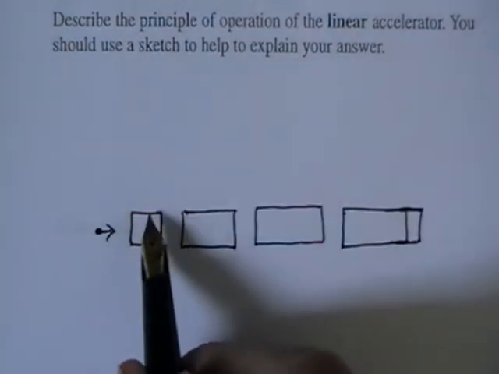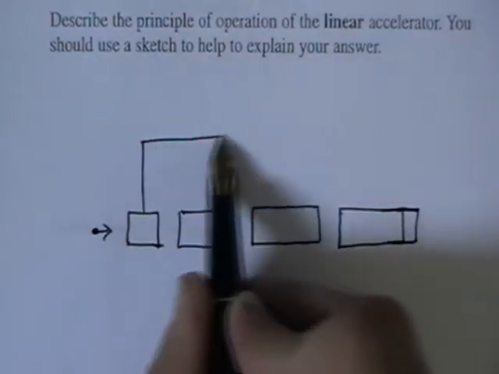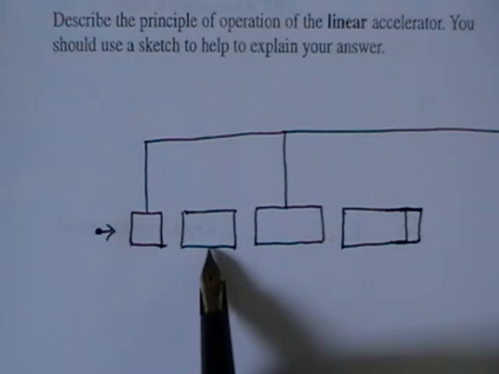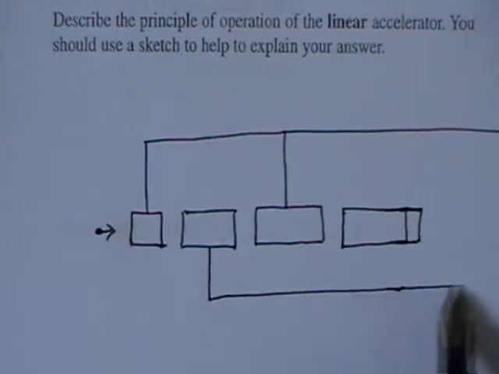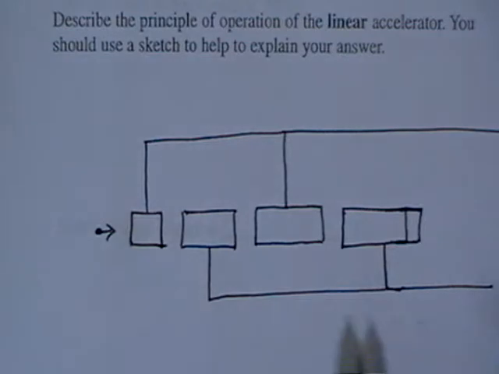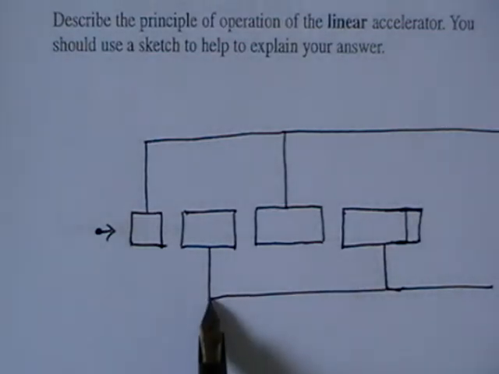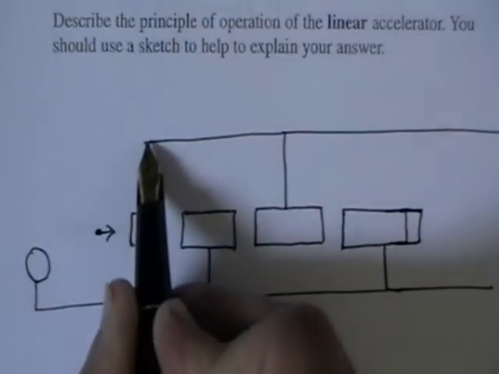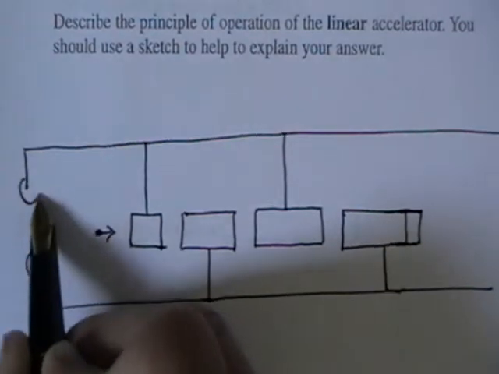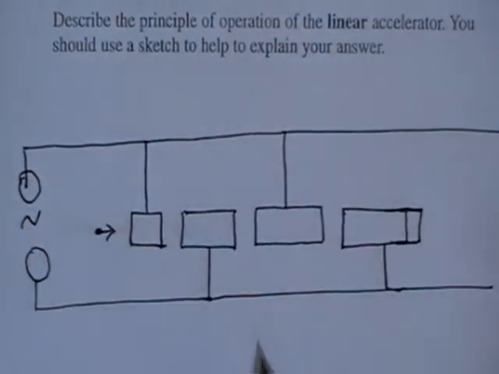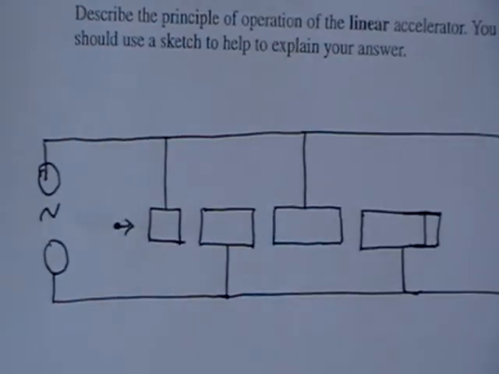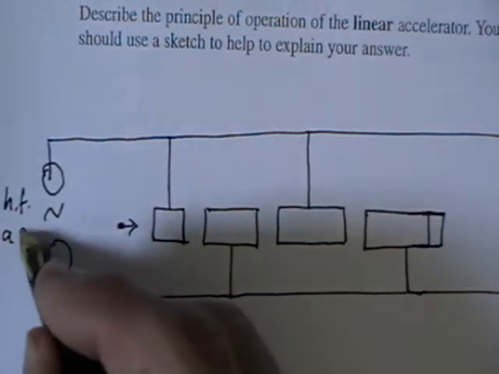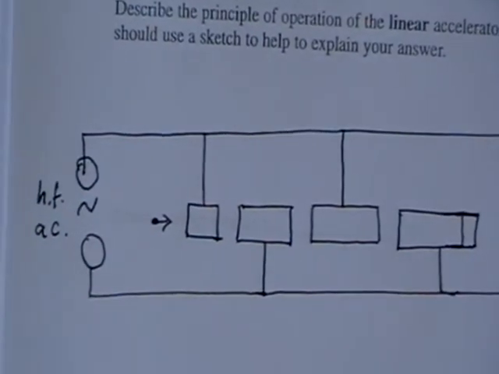So we now have an alternating supply which is connected alternately, and then this one and this one are connected, and that would continue on here, and this then will be connected back to this side, and this would be connected to this side. That's our alternating, a high frequency AC supply that we have there.